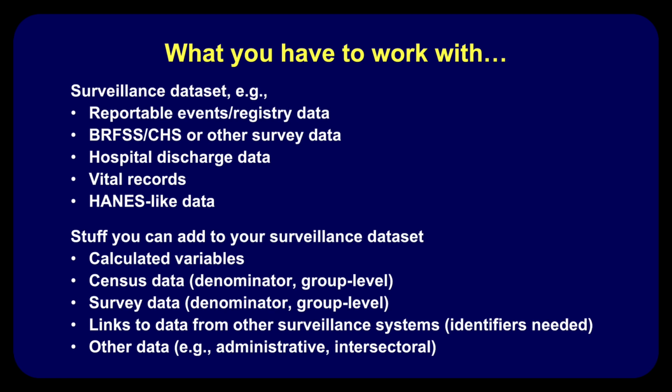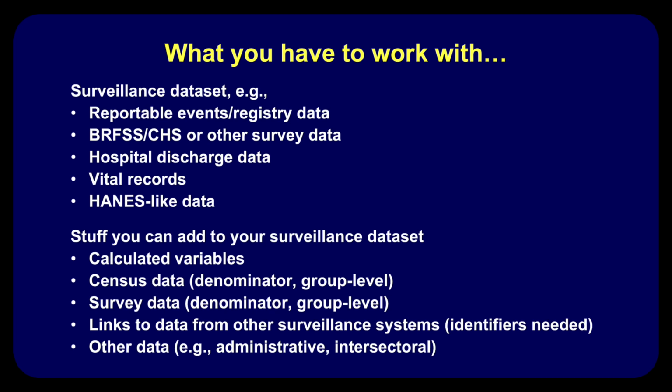And then you can add things to the surveillance data. The most obvious is just calculating new variables based on the data that you already have in surveillance, but you can also think about bringing in data from other sources, such as the census data, bringing in denominator information to calculate rates for the outcome. Or you can think about group level variables from census data.